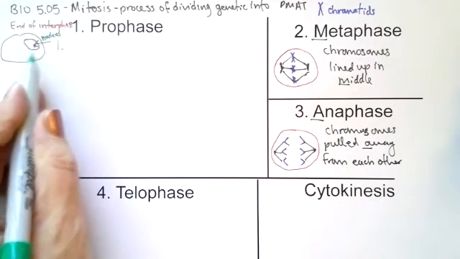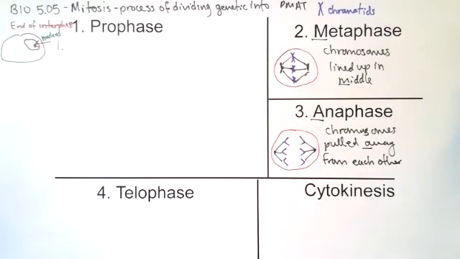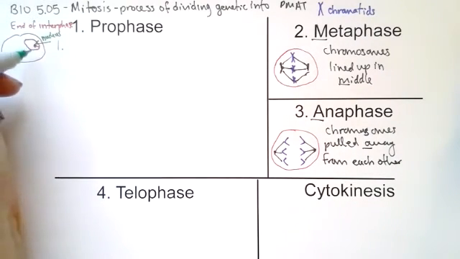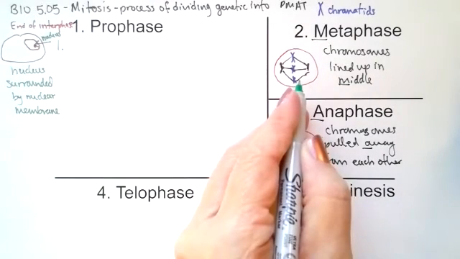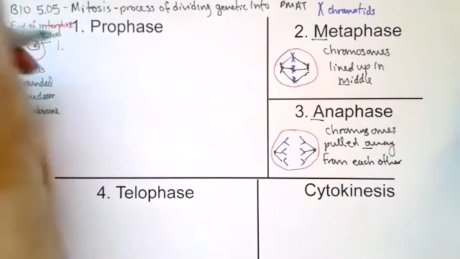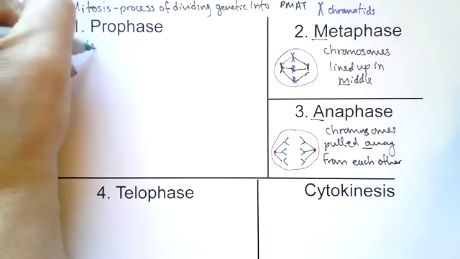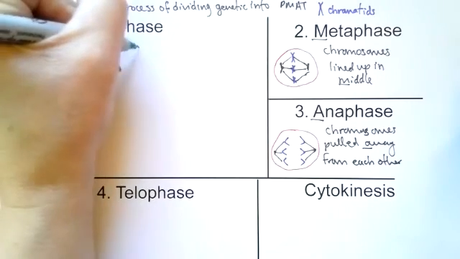And remember, the nucleus is surrounded by an organelle, a nuclear membrane. So the actual organelle there is the nuclear membrane. And from here to here, that's gone. So one of the things that happens in prophase is the nuclear membrane dissolves.